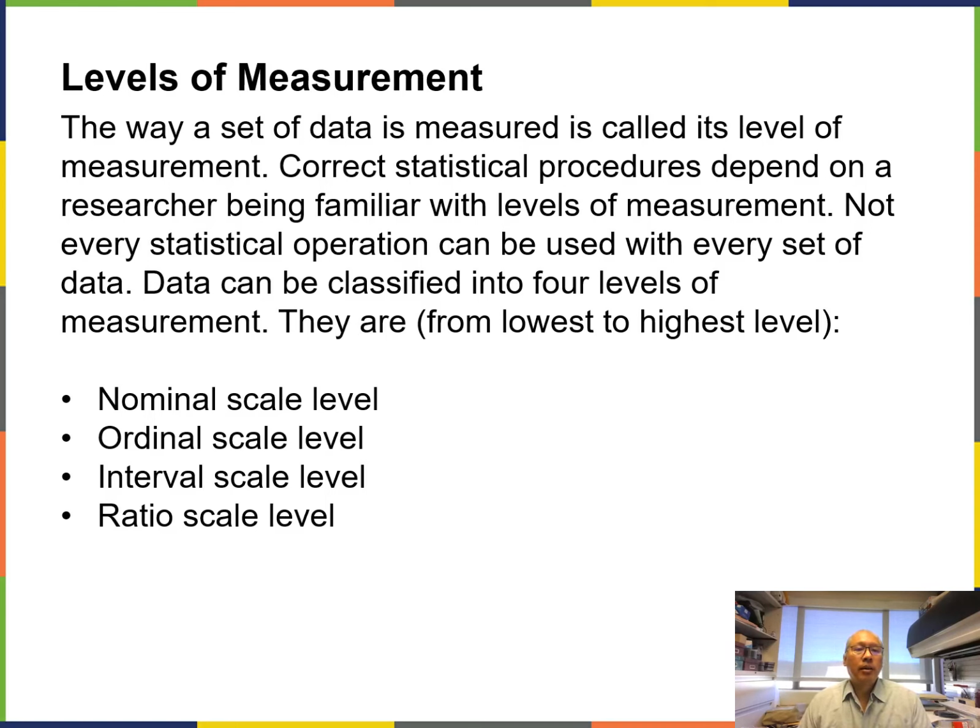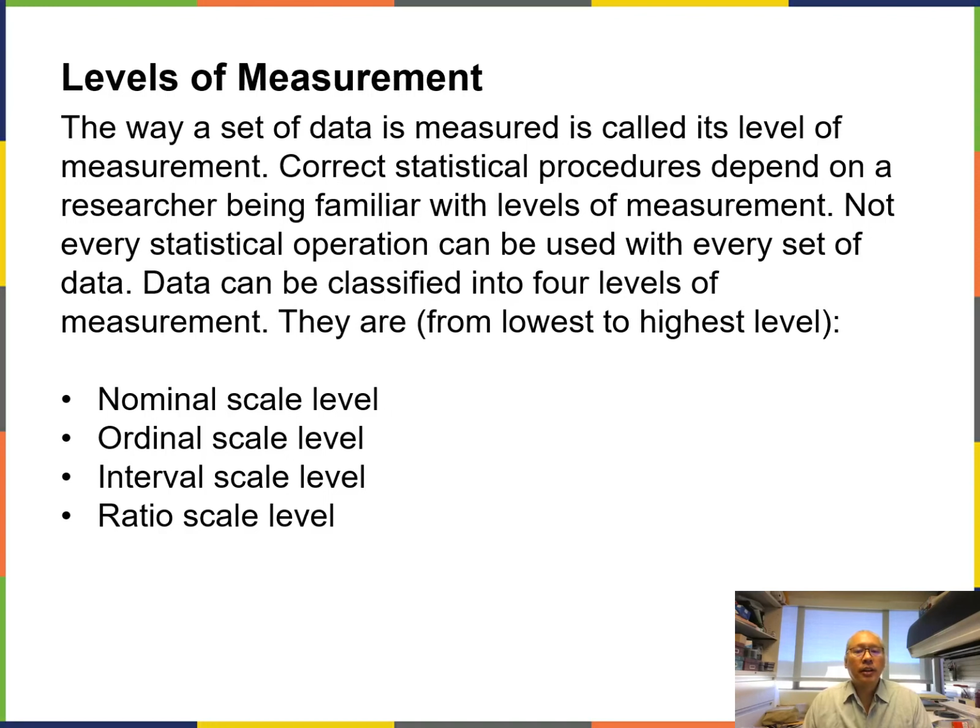When we're talking about levels of measurements, it falls in that category: categorical and numeric data can still be broken down into some finer levels of measurement. So there are 4 levels of measurement: the nominal, ordinal, interval, and ratio scales.